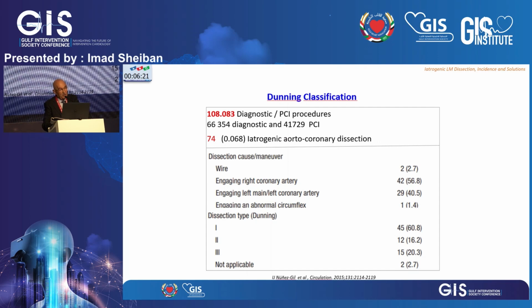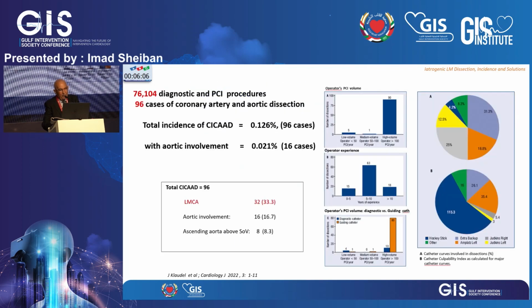That means it's nearly 0.07 percent of what we are doing in daily practice, and accordingly also to our other cohort, still confirming that the involvement of aorta is rare, as you can see here.